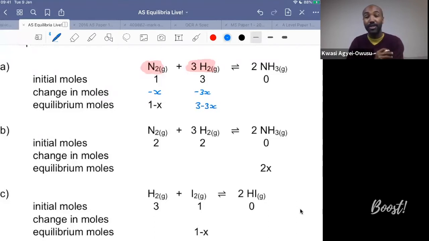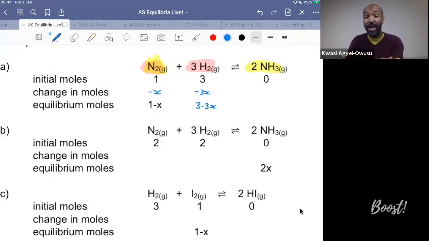Okay, so that's the equilibrium moles of hydrogen sorted out. Now, we need to do the same for ammonia. At the start, we've got 0 moles of ammonia, but we know that x moles of nitrogen reacts. If x moles of nitrogen reacts, we need to consider the molar ratio of nitrogen to ammonia. And remember, it is 1 to 2, as given by your balanced equation.